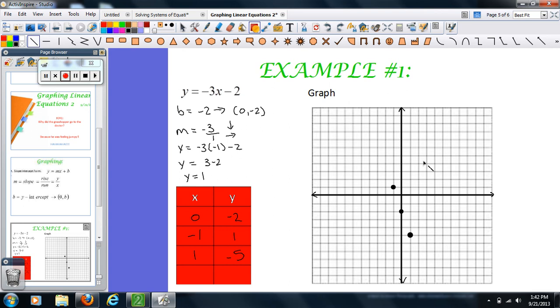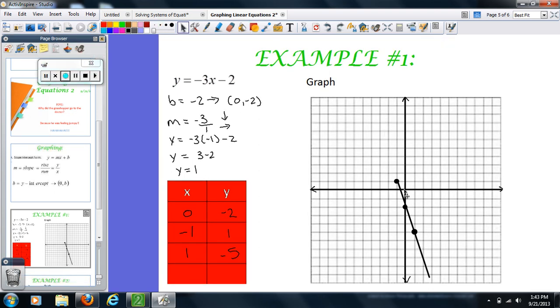So I'm going to go ahead and graph this line now.